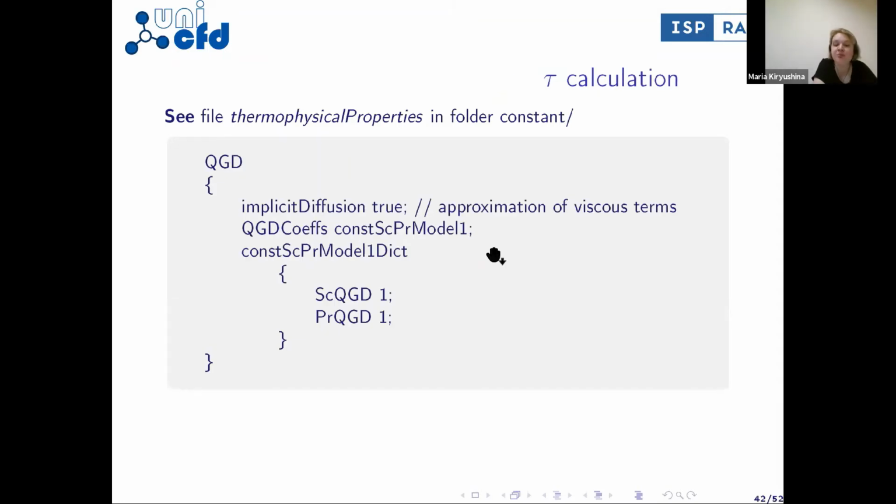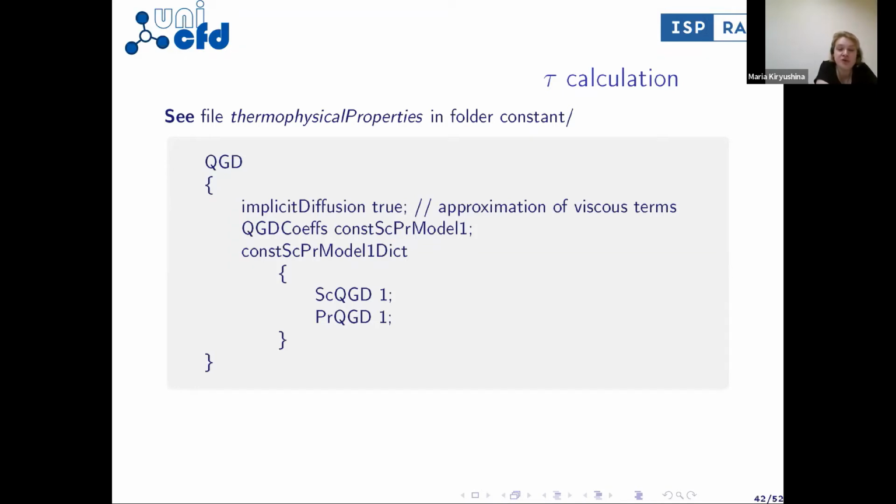QGD regularization parameters are set in the subdictionary QGD of the thermophysical dictionary. Implicit diffusion we specify as true, and we have to choose the calculating model of viscosity.